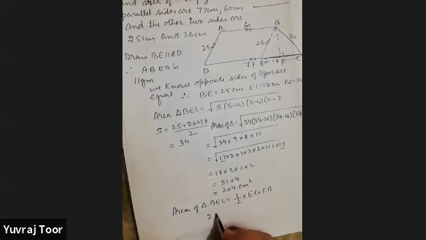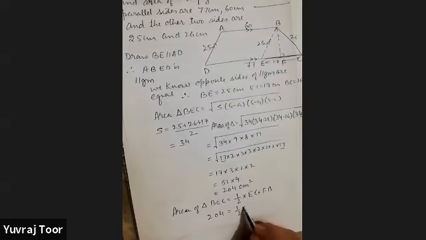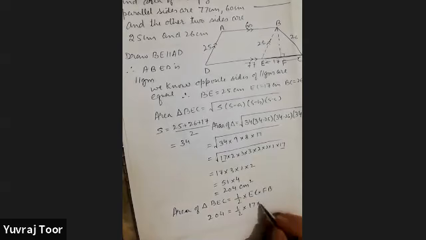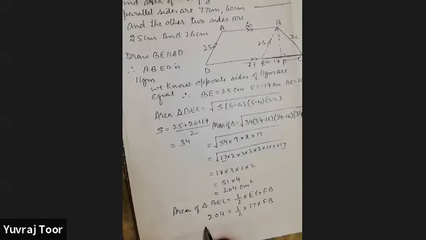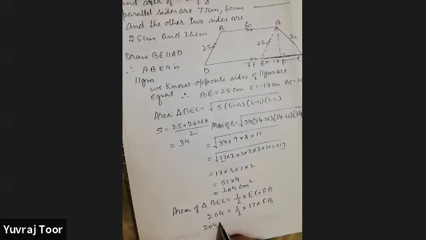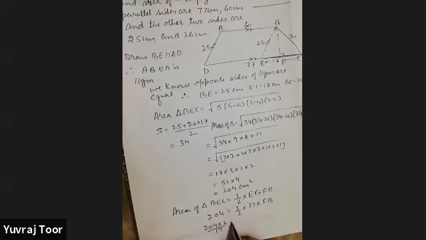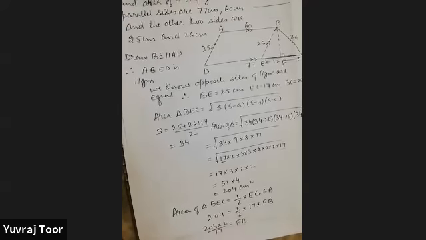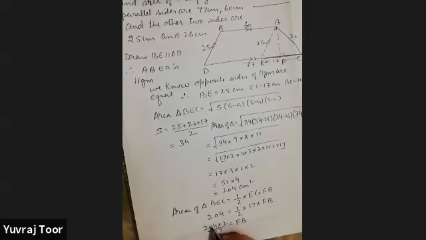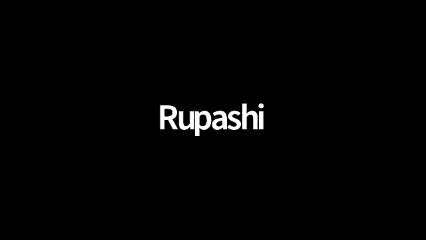So we will use the result which we have. We'll put that on the LHS and we'll write the value of EC, which is 17, and FB is to be calculated. So 204 into 2 by 17, and FB is 24.